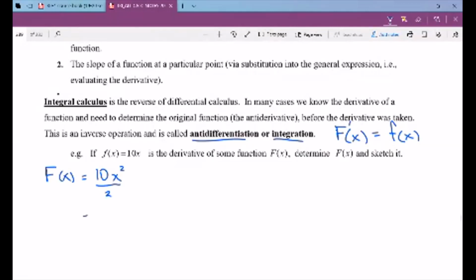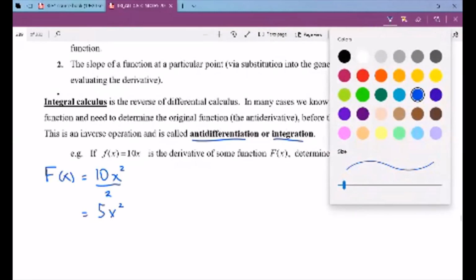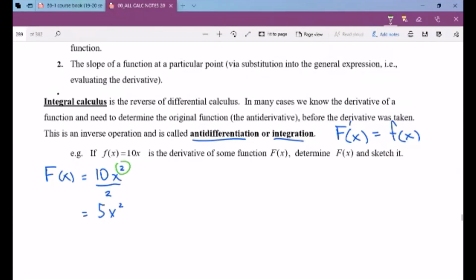When I divide that by 2, this gives me 5x squared, which is what we desire to have. So our step is going to be undoing what we were doing before. What we did before, we subtracted 1 from our exponent and then multiplied our power by the coefficient. In this case, for undoing that, we're going to add 1 to our exponent, and then we're going to divide by that also.